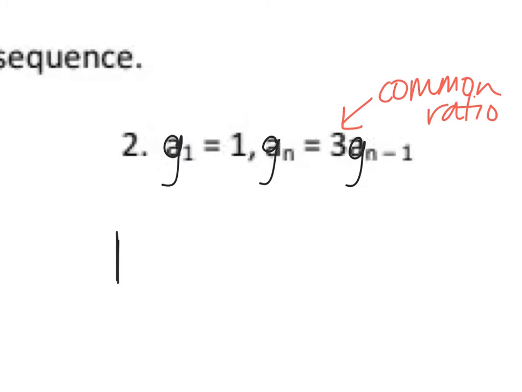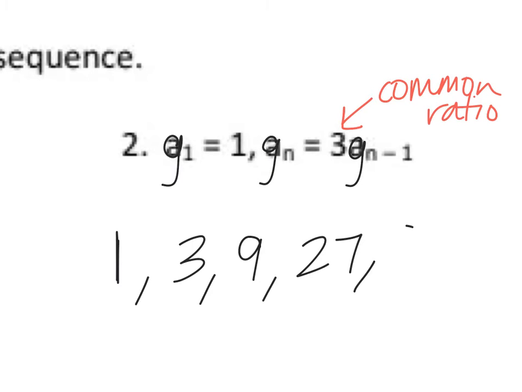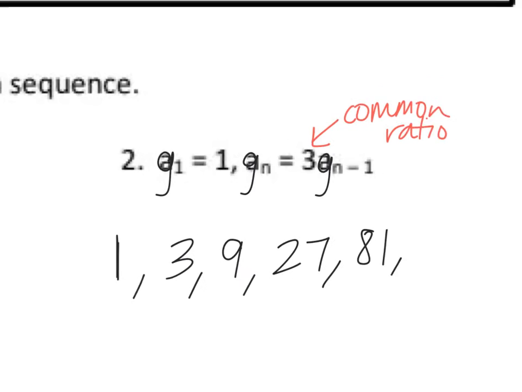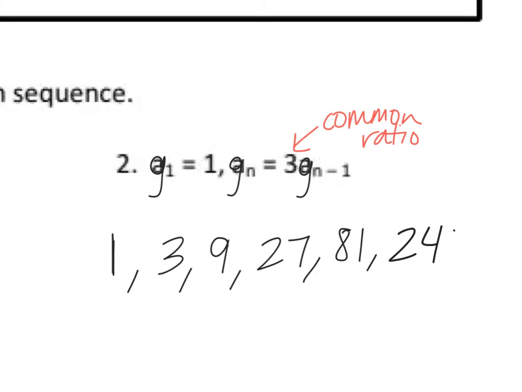So multiply by 3. Next number is 3. 3 times 3 is 9. 9 times 3 is 27. If you keep going, what's the next one? 81, and then I think it's 243. So we have the first term is 1. The common ratio is 3. That's what this tells us.